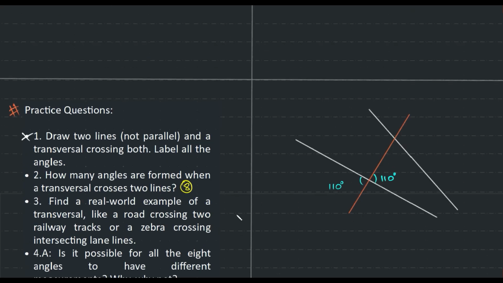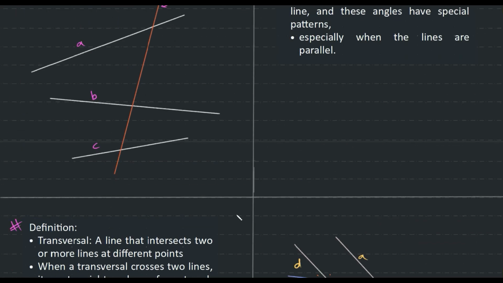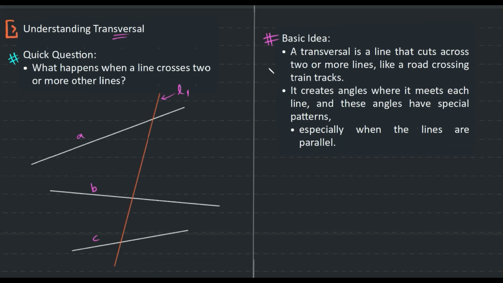Yes. So what we are getting introduced to is a very simple concept known as a transversal line. It's a line which crosses two different lines at two different points. So here line A and line B, it's crossing at two different points, say point P1 and P2. Of course, it can cross more than two lines. So in this case, we have line 1 crossing three different lines.